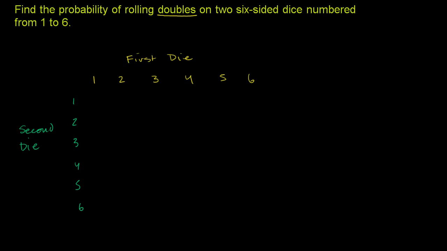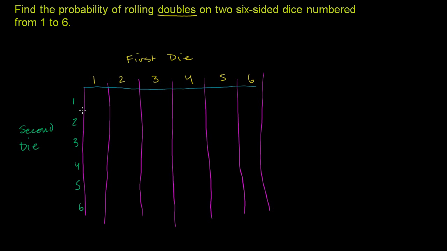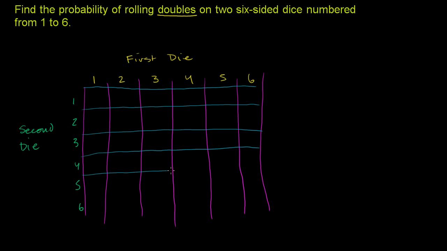So if I were to draw a grid here, let me do my best to draw a quick grid. Each cell of this grid, each box in this grid would represent an outcome. All of the possible outcomes.